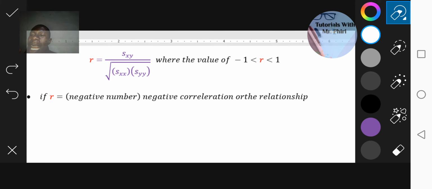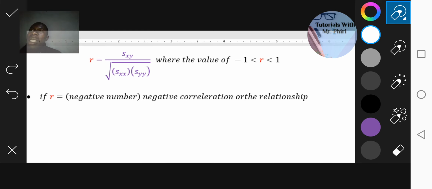Now if we get any negative value of r, then we say there is a negative correlation, or the relationship between the two events is inverse.